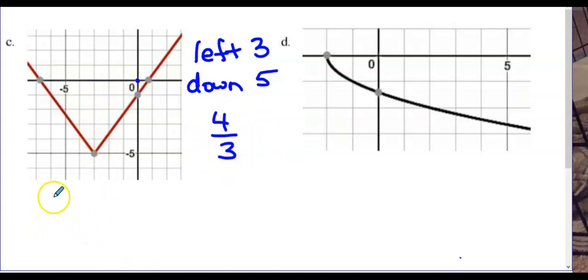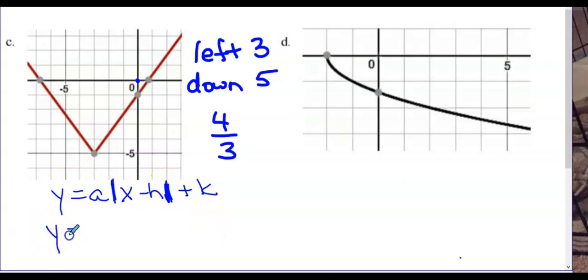The equation for an absolute value function is y equals, and then you have your a, and then you have this absolute value symbol, x minus h, plus k on the outside. Very similar to what we've been doing.